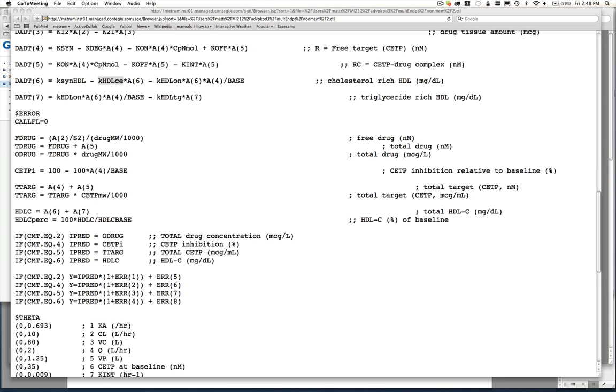You could imagine that, although it gets to a point where the relative quantity of HDL relative to CETP, there's a lot more HDL out there, and so the total HDL values aren't themselves affected by CETP. And so the disposition of HDL isn't affected by CETP, and so you don't really have to consider that within the model.